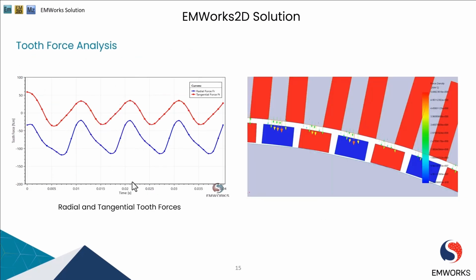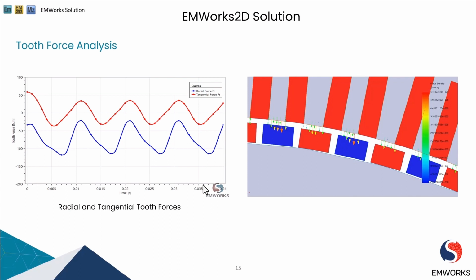Next, we have tooth force analysis. Tooth force analysis is a fundamental study in the field of electric motors, providing insights into the mechanical interactions within the motor. In permanent magnet synchronous motors, this analysis helps us understand the forces exerted on the motor's teeth during operation, as you can see in the images on the right hand side, contributing to a deeper comprehension of the motor's behavior and efficiency.